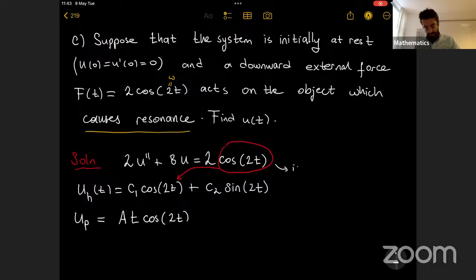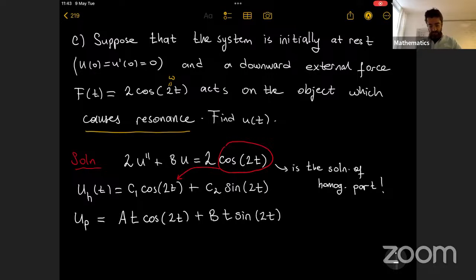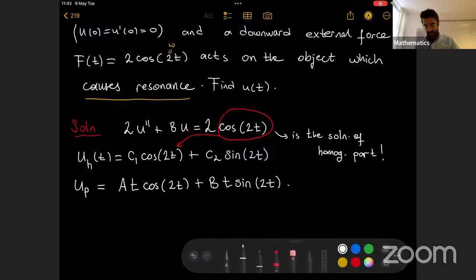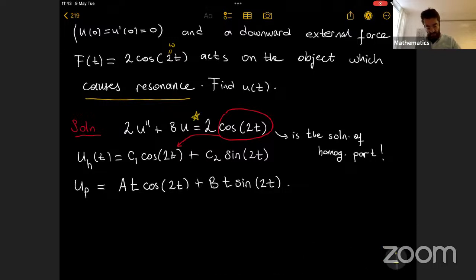Since this is the solution of the homogeneous part, we need to multiply with t, plus b times t times sine 2t, and we try to find a and b from this. So let's plug this back into star.